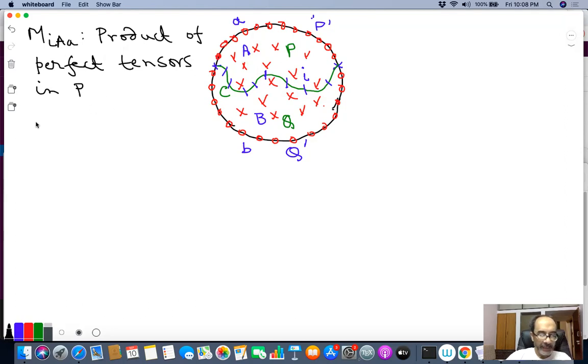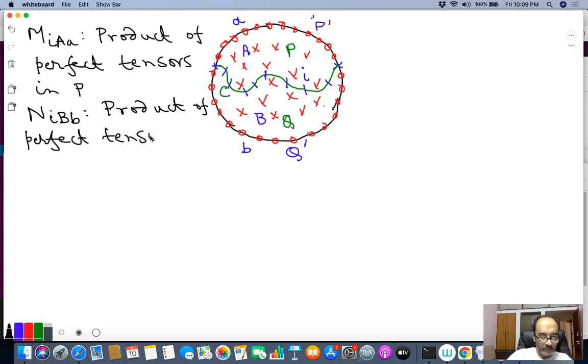And similarly, we introduced N_{IBb}. This is a product of perfect tensors inserted in Q. And let's suppose that C cuts N_C links, where N_C is some number, and that depends, of course, on how you choose the cut.